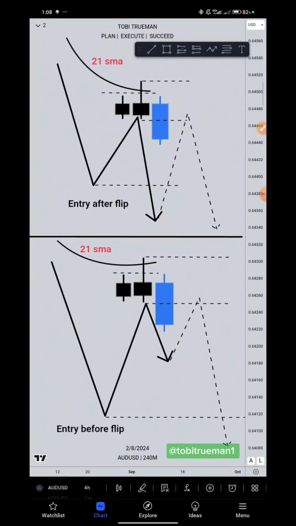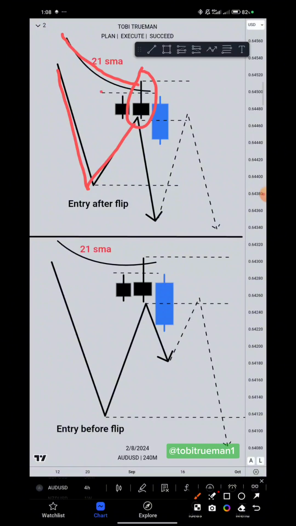Okay, this is the main mapping out as you most likely see on the real chart. Okay, this is 21 moving average. This is a downtrend, and when price is forming a downtrend, automatically it taps onto the 21 moving average.